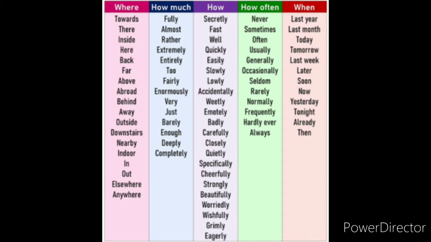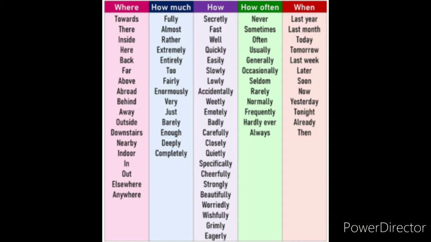It would be an adverb of time. Last year, last month, today, tomorrow, last week, later, soon, now, yesterday, tonight, already, then. This is a list of the adverbs. Now, we are going to learn how we make an adjective into an adverb.